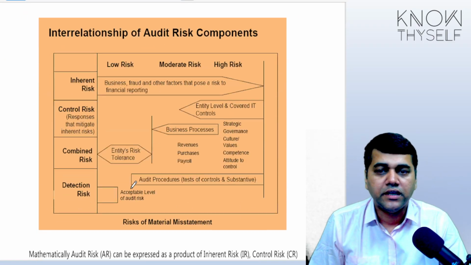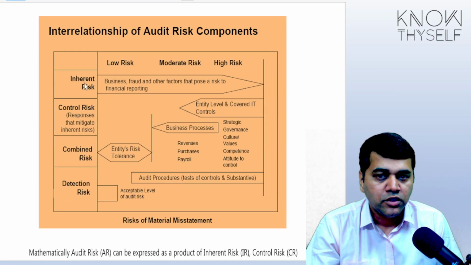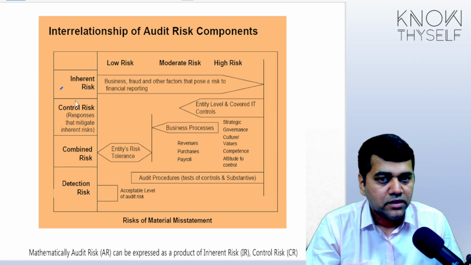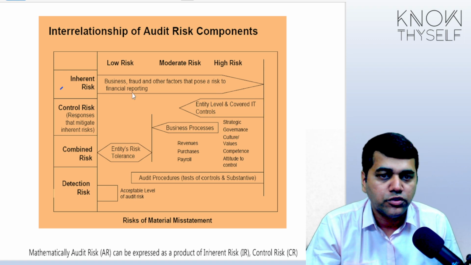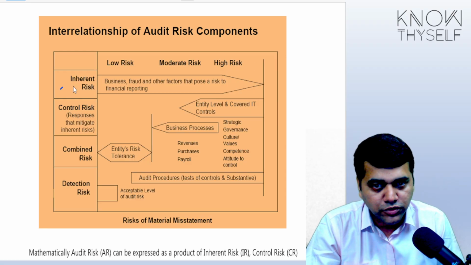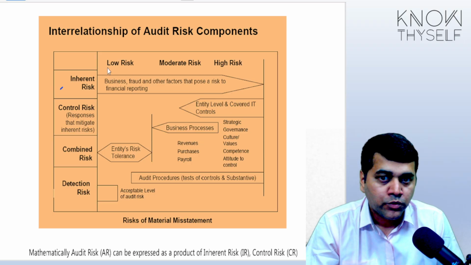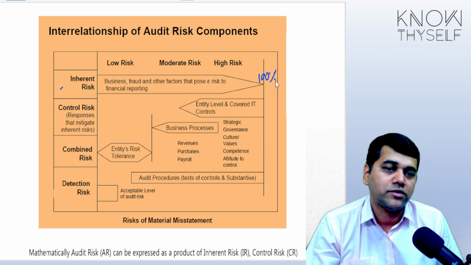So ultimately, the interrelationship of audit component risks will be like this. You will have a business risk, and business fraud and other factors pose risk to the financial reporting. And what is the level of inherent risk? That's why you see, students, if I have to map this, it has gone low, moderate, high. 100% is our evaluation.